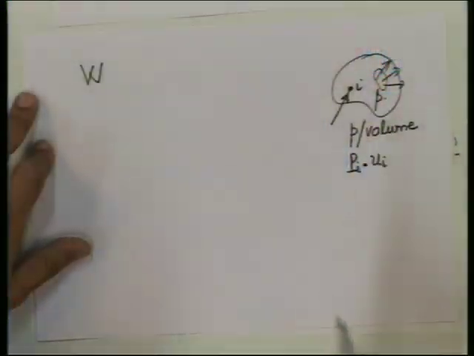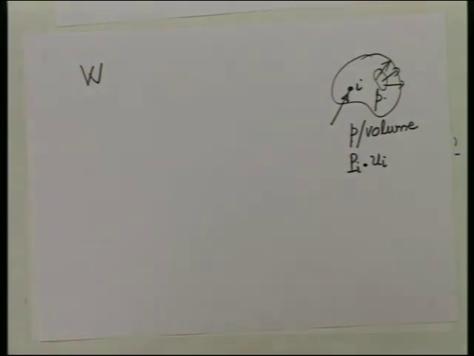But if it is a distributed load P, we will see how to find out the work done. How to find out work done? Yes, please, how to find out work done?